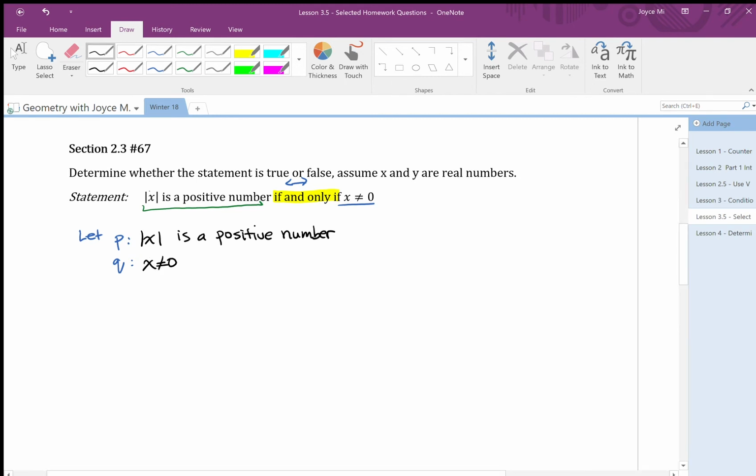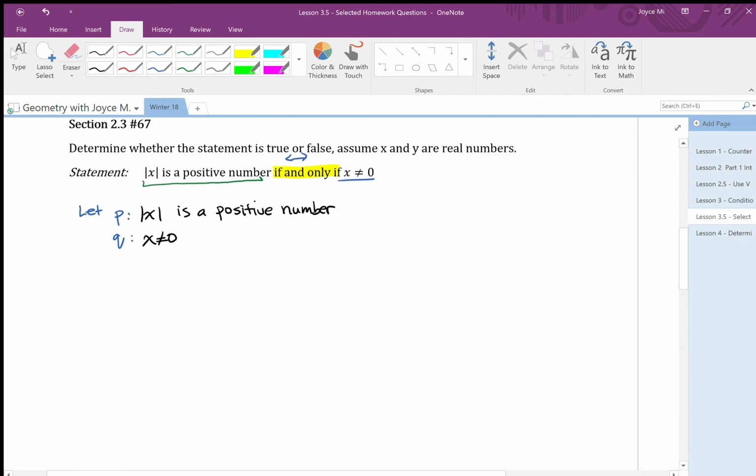Then this whole statement in symbolic form is P if and only if Q.